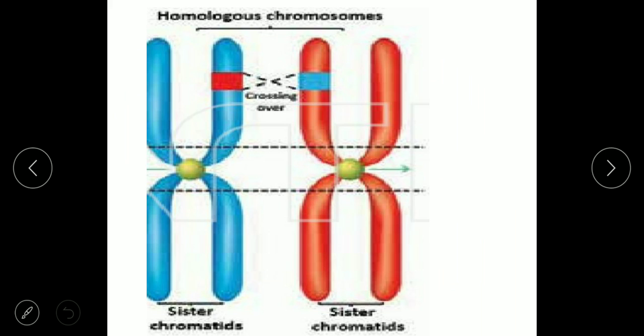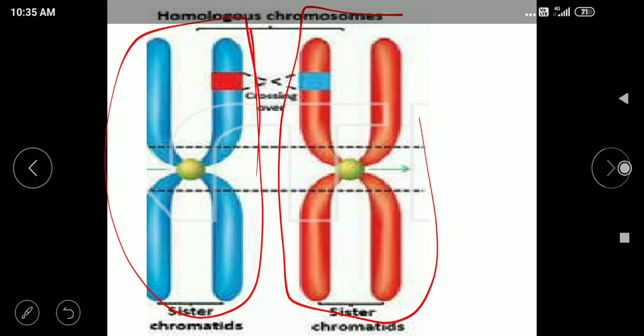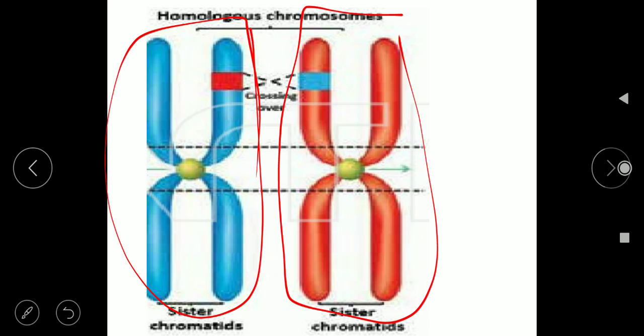Next, this is the process of crossing over. Here you can see that this is one chromosome and this is the other, and this is a homologous pair, and the interchange of genetic material, or the crossing over, takes place between these two chromatids.